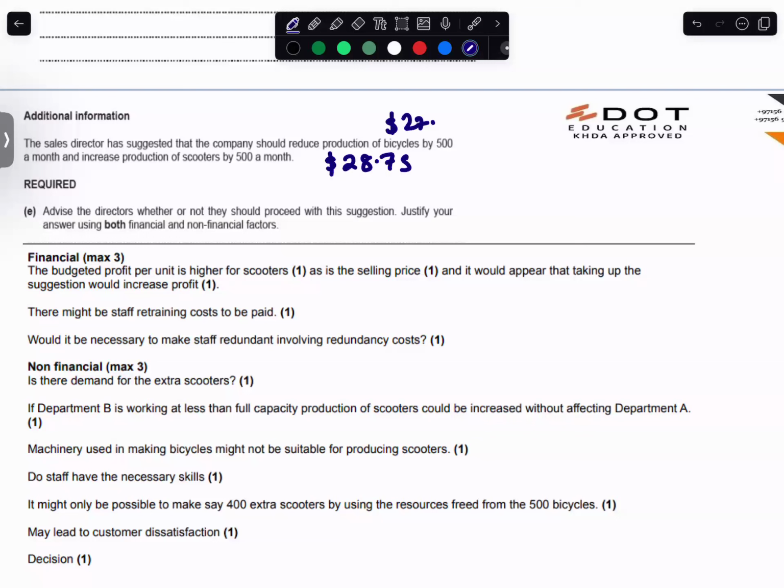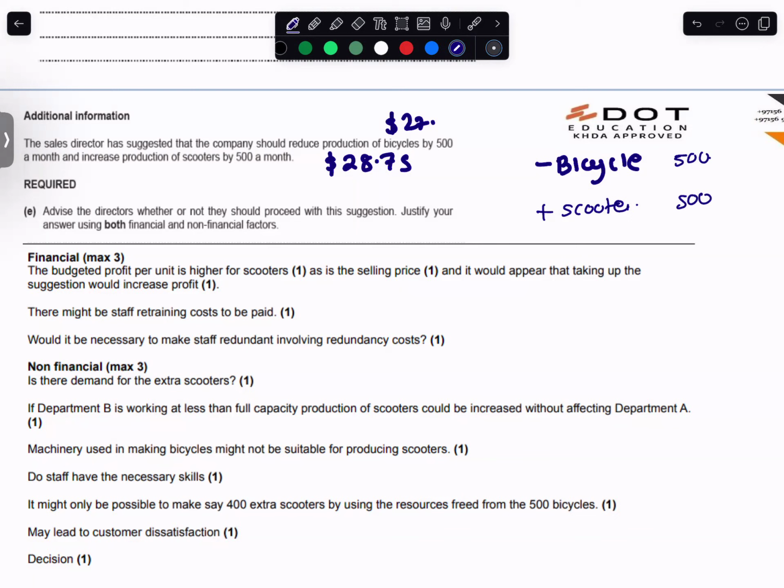Now read ahead. Advise the directors whether or not they should proceed with this suggestion. Justify. So they want to reduce the production of bicycles by 500 and increase the production of scooters by 500. Those who are watching the video can first pause the video, think over it, and then come back and see.